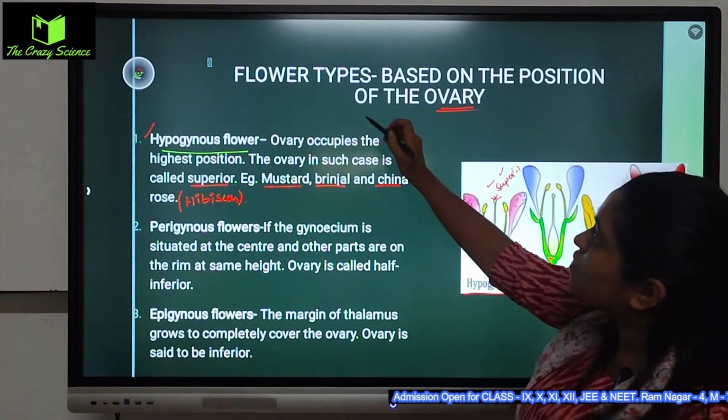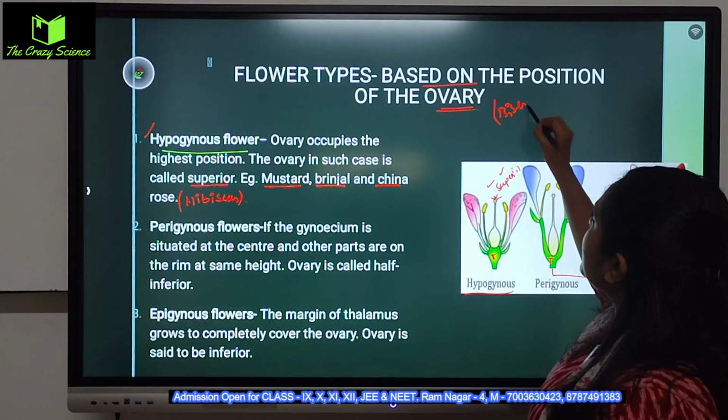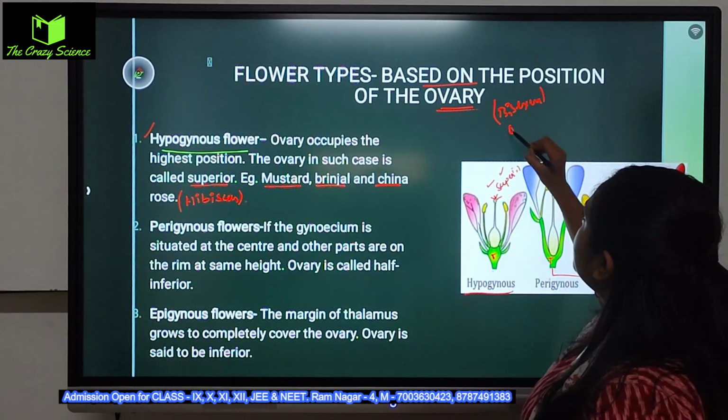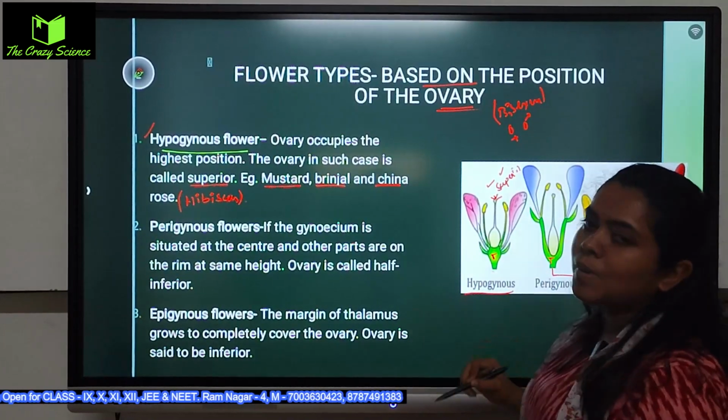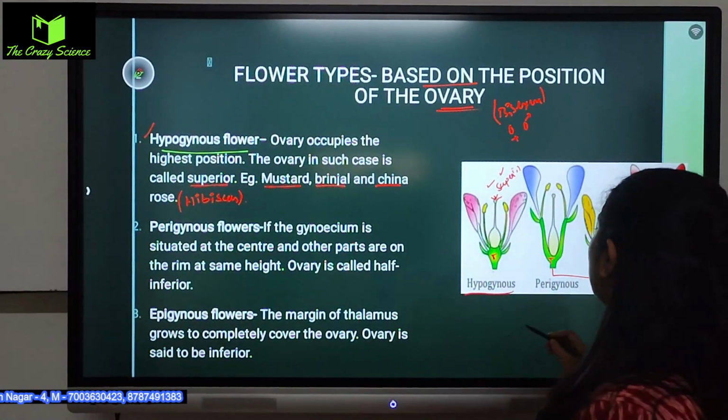And for this kind of flower type, you have to be bisexual, means male and female both should be present on the same flower. Only then it is possible. The examples are mustard, brinjal and China rose.